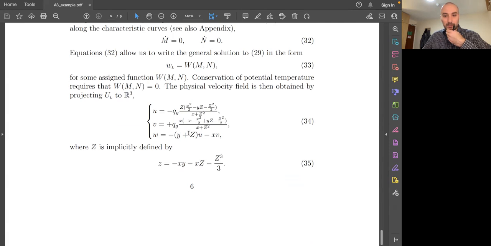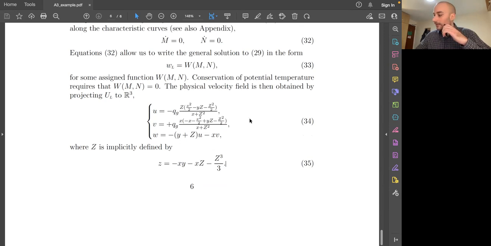There is this parametric dependence on capital Z, which must be eliminated by solving this cubic. So I wasn't able to draw a picture of this field because of this parametric dependence on Z. Yes, and that's it for this example.